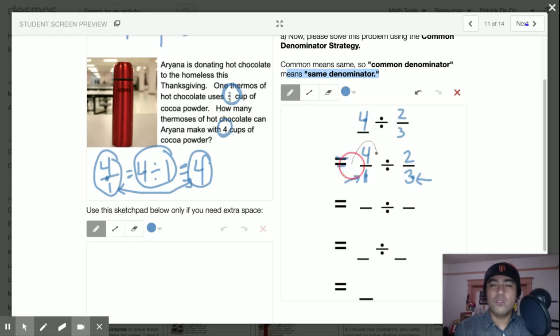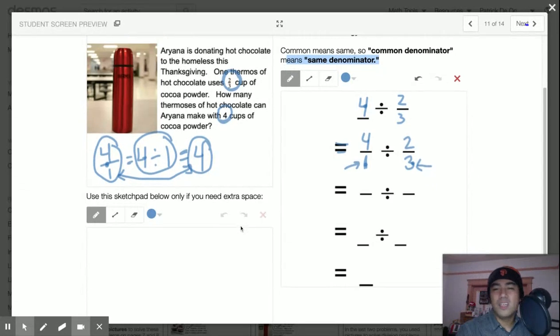Are you going to change this fraction and make this 1 the same as 3? Or are you going to change this fraction and make this 3 the same as 1? Or are you going to change both fractions and change this number to a different number and this number to a different number? There's a lot to think about here.